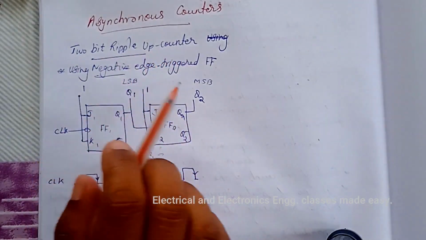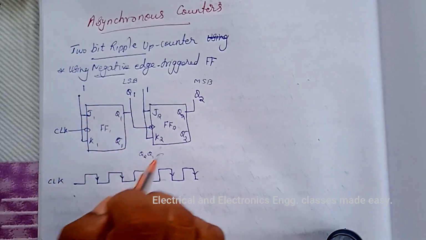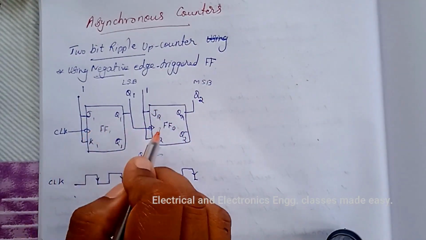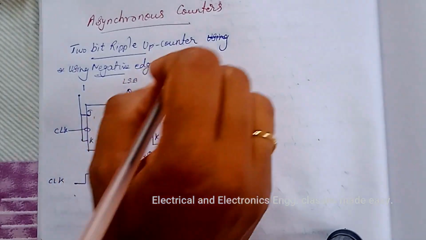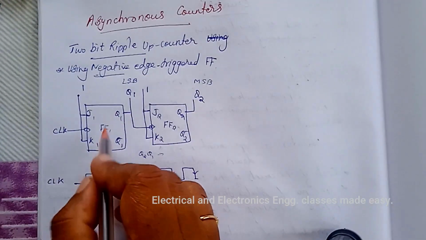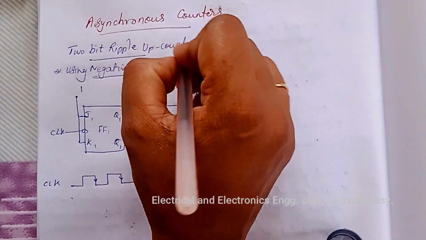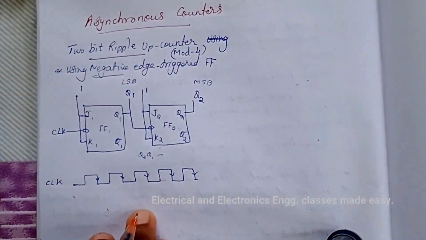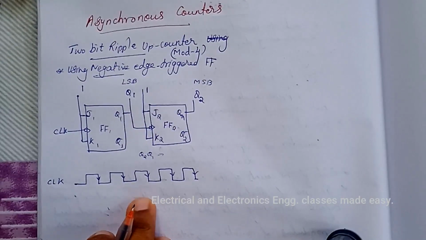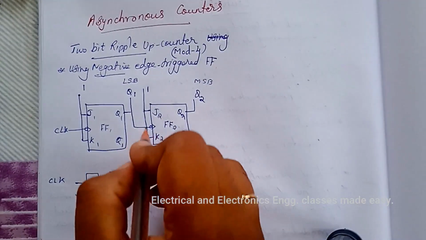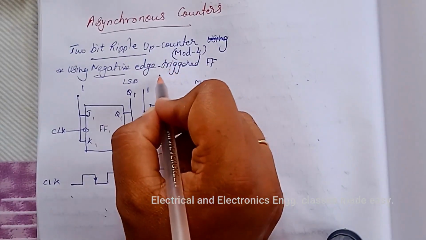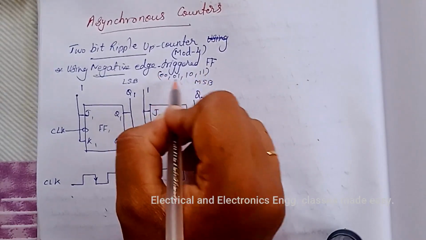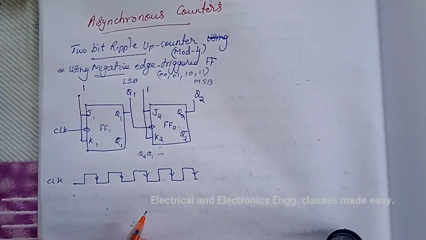So it counts in the order 0, 1, 2, 3 like that. That is, this is a mod 4 counter. 2-bit means it is a mod 4 counter. So there will be 4 states, and they are 00, 01, 10 and 11.